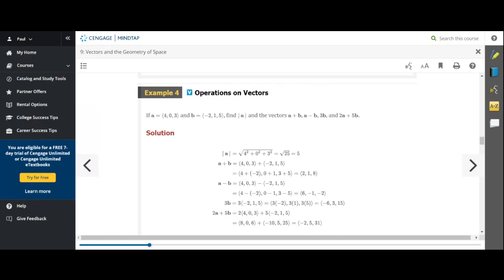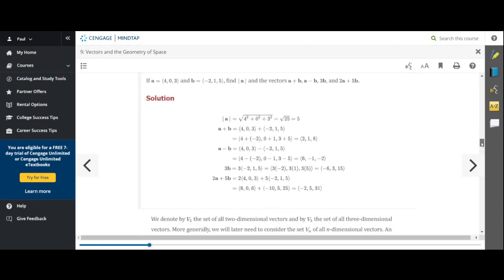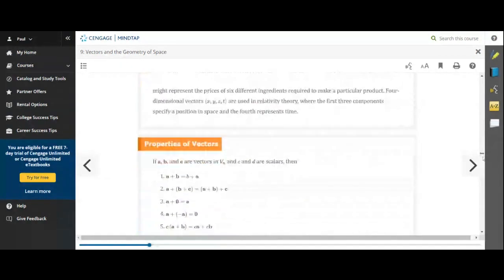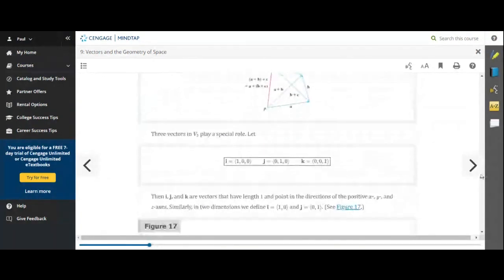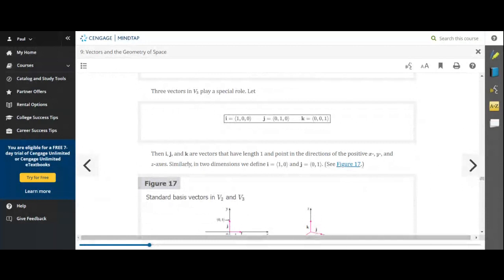Okay, all right, well then let's move on. What else do we see here in section 9.2? Well, of course, the vectors i, j, and k. I don't know if you've seen these before, but these are what are called unit vectors.